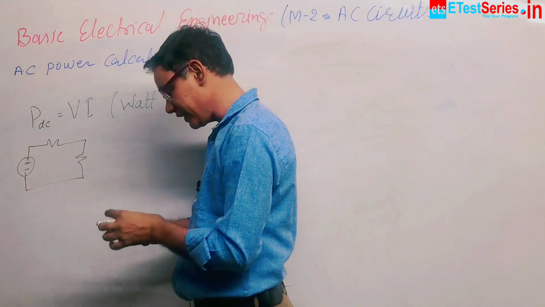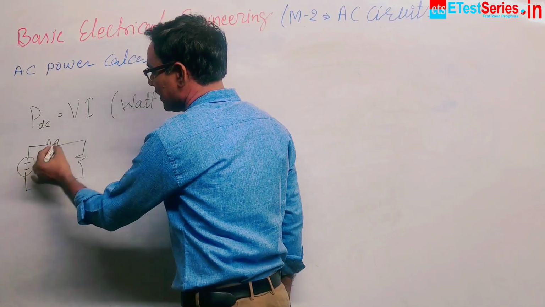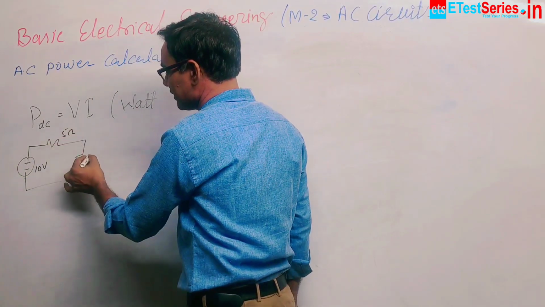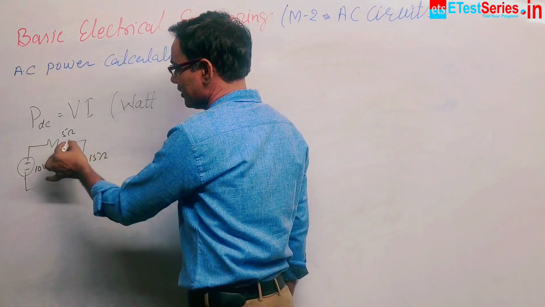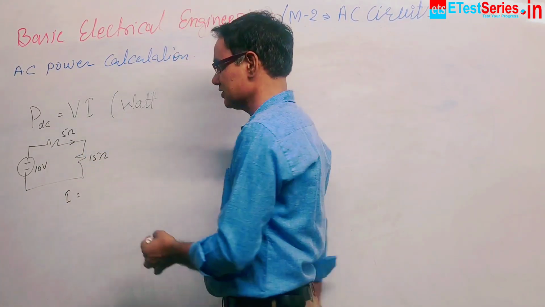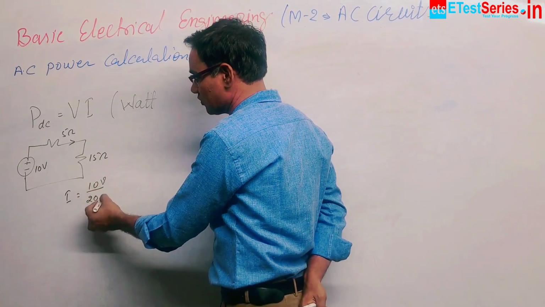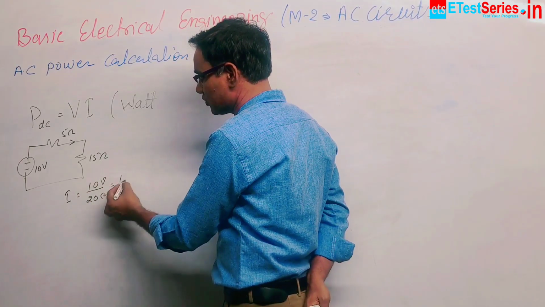So here is a source having a voltage of 10 volt, with a 5 ohm resistance and a 15 ohm resistance. So what is the current in this circuit? The current is 10 divided by 20 ohm, the total resistance. 10 is the volt, 20 ohm is the resistance. So it is 1/2 ampere.